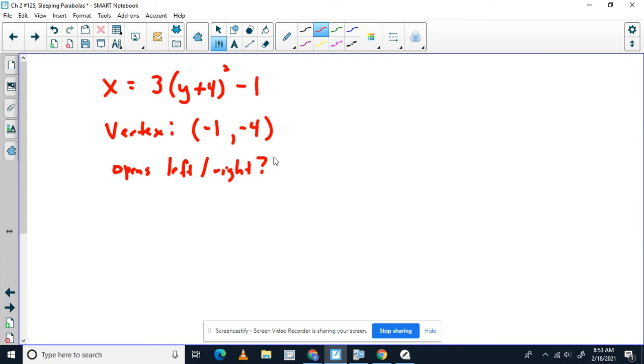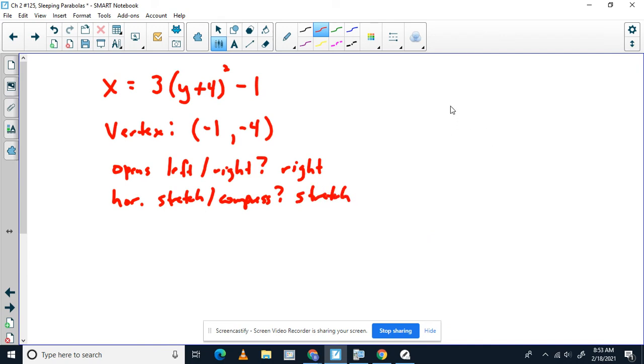Well, this is a positive 3, so that tells me it opens to the right. And then I'm going to think, does it have a horizontal stretch or compression? Well, 3 is bigger than 1, so we know that that's going to stretch it. Or in other words, it's going to be skinnier.